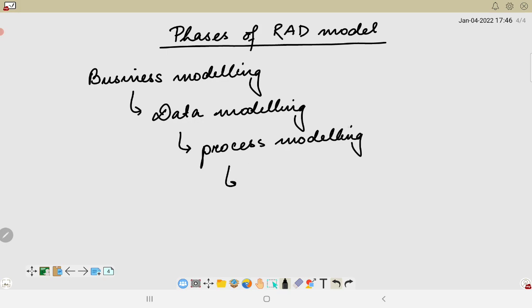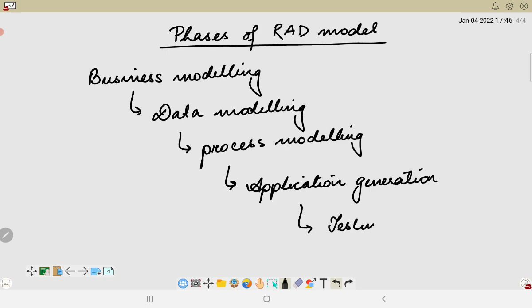The fourth one is application generation. And the last and final step is testing and turnover. So these are the 5 different phases in which the RAD model would work.